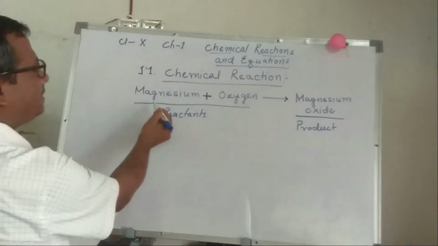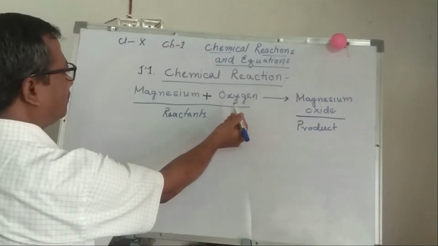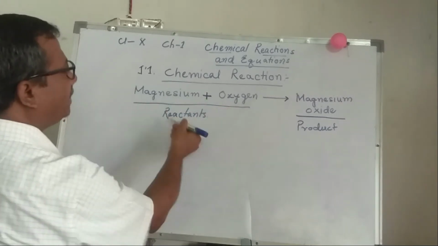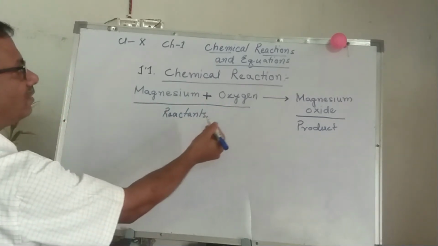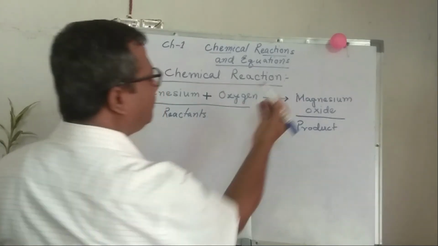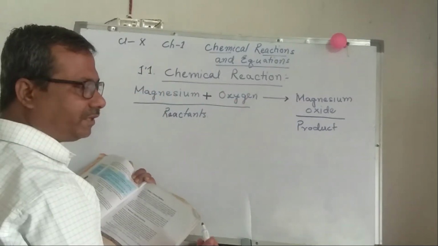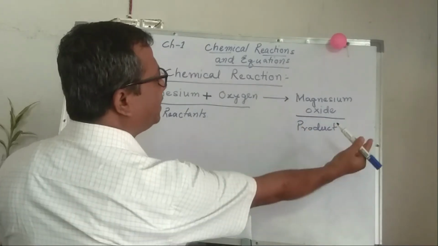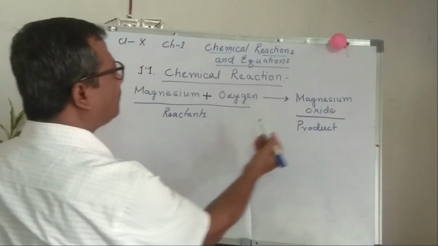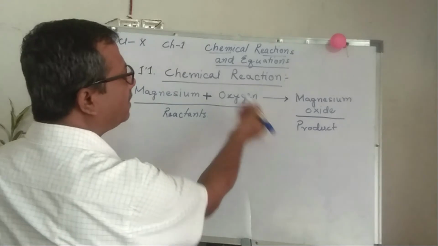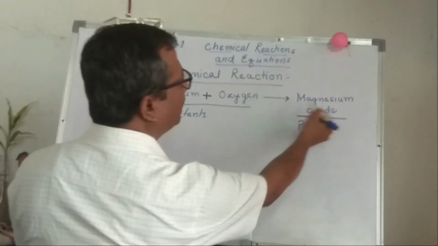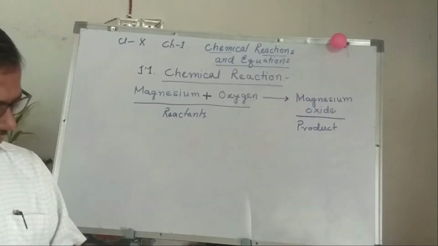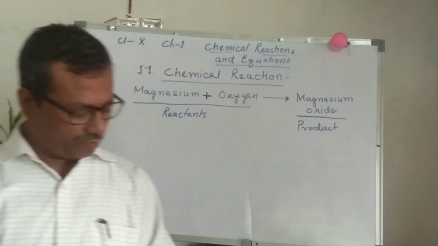So magnesium and oxygen taking part in the reaction are called reactants. The arrow sign indicates that towards the right hand side products are produced as a result of the reaction. So the product is magnesium oxide. These things are written in your book also.